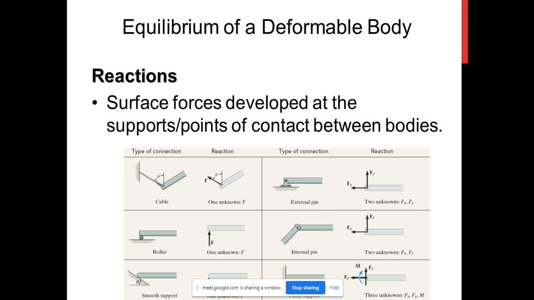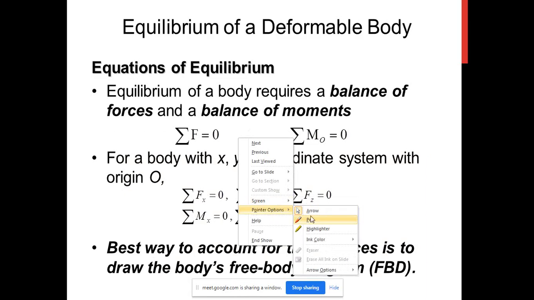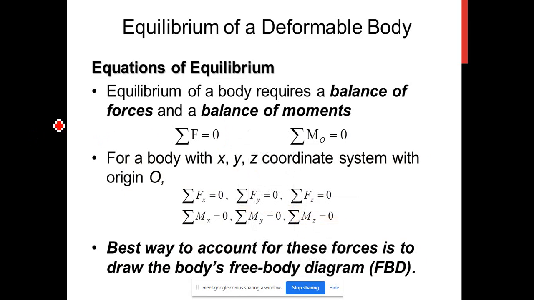Similar to statics, solid mechanics also applies the concept of equilibrium. What is equilibrium? Equilibrium means the summation of the force is equal to 0. That is the equilibrium condition.